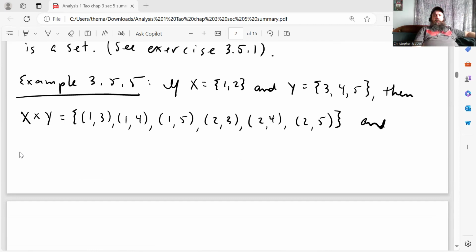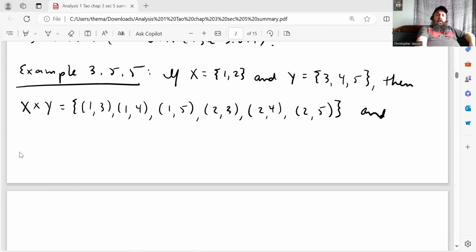After that note, he has example 3.5.5, just to give an example of Cartesian product. If X equals the set containing 1 and 2, and Y is the set containing 3, 4, 5, then the Cartesian product is the set of all ordered pairs where the first component comes from X and the second component comes from Y. That's the set of ordered pairs (1,3), (1,4), (1,5), (2,3), (2,4), and (2,5).